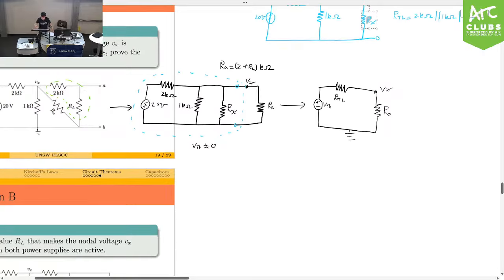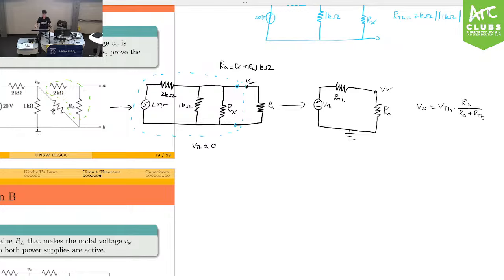So now, let us find the expression for Vx. By the way, if you look carefully at this circuit, do you see how Vx is just the voltage across Ra? So we can use voltage division. So Vx equals VTH times Ra over Ra plus RTH.